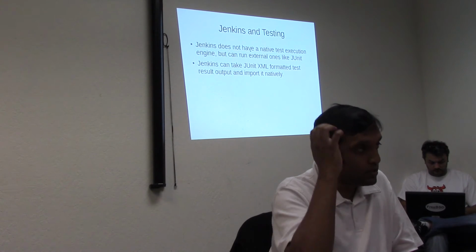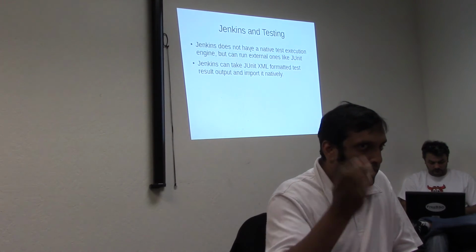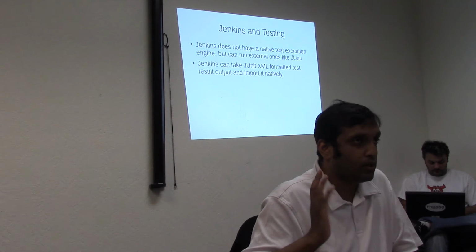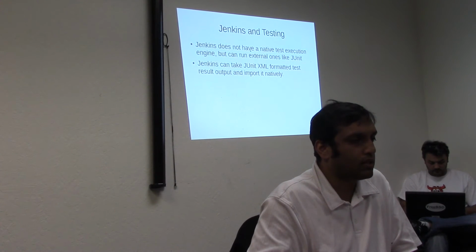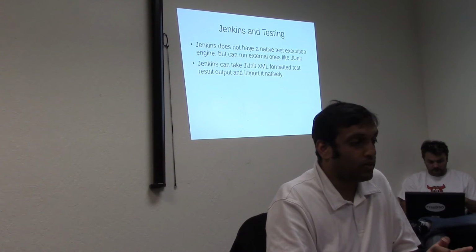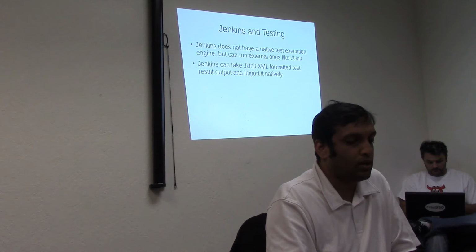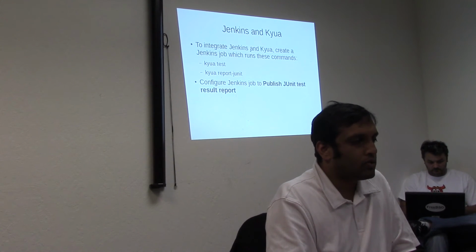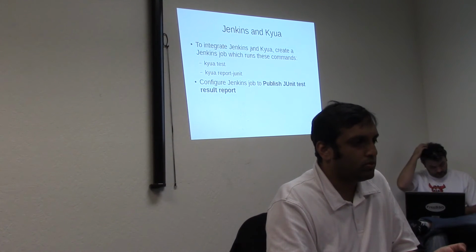A lot of people in the Java world use JUnit. In the Python world, there's multiple ones, like nose and unittest. But if you can format your test output in XML with this JUnit format, then you can import it natively into Jenkins.